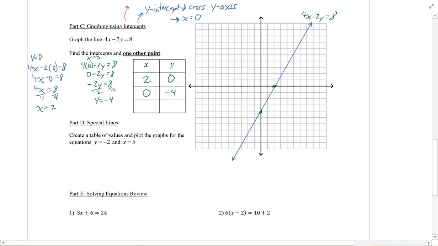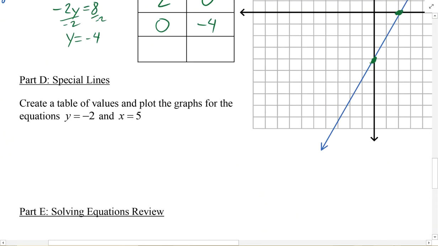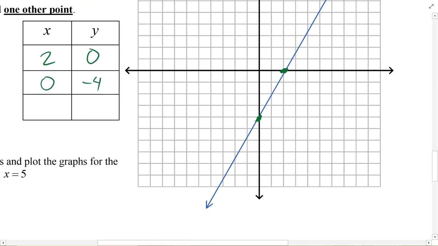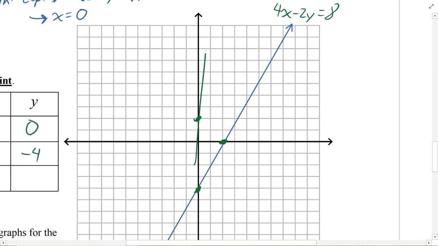Next, I'm going to have some special lines to draw. Y equals -2. So what's that? That means that you're crossing at y equals -2. So if you're crossing at y equals -2 right here, it doesn't make sense to draw a line here. What you want to do is draw your line here.